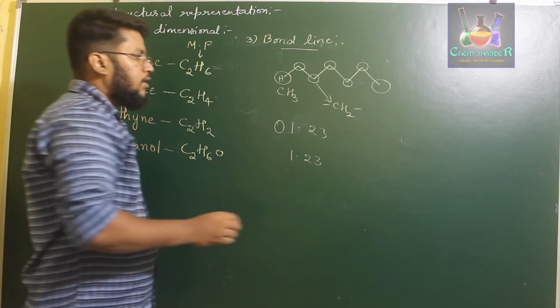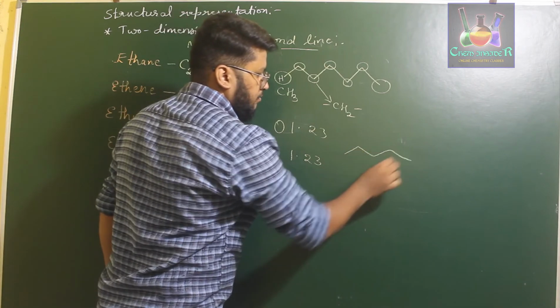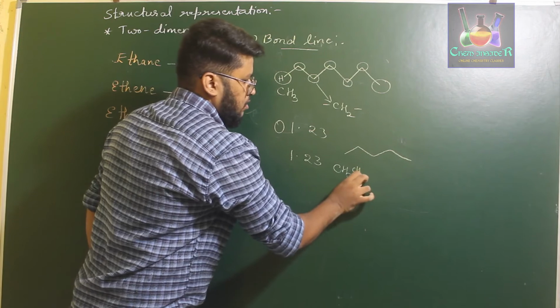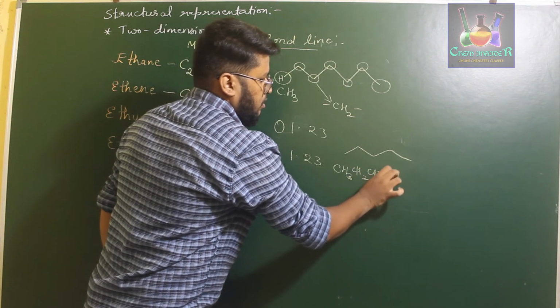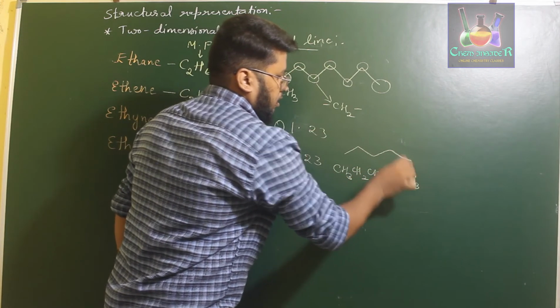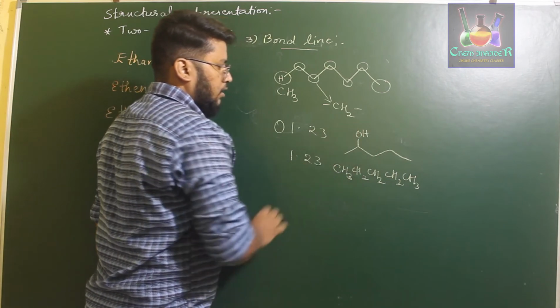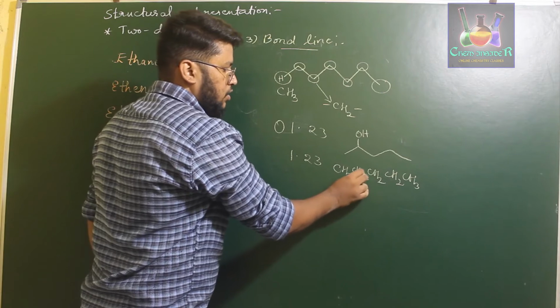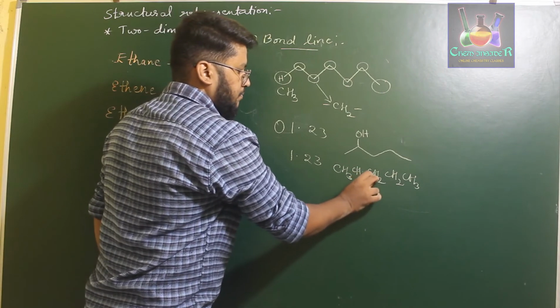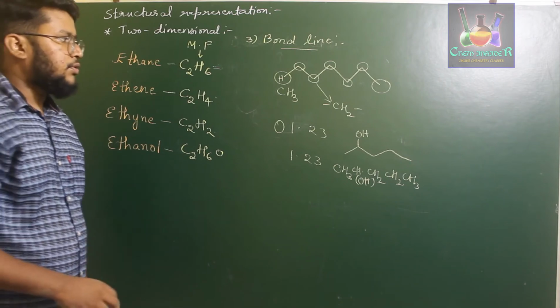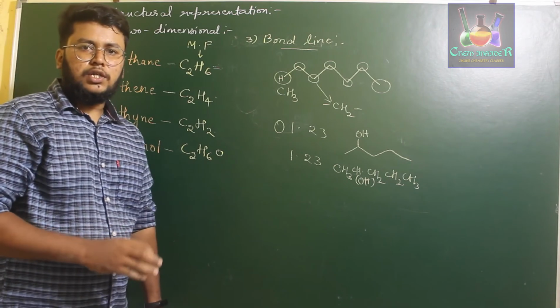If you have a structure like this, then it means CH3, CH2, CH2, CH2, CH3. But if you have an OH group present here, then instead of CH2, you need to write CHOH at the second carbon atom. So this is how you represent the bond line structure.